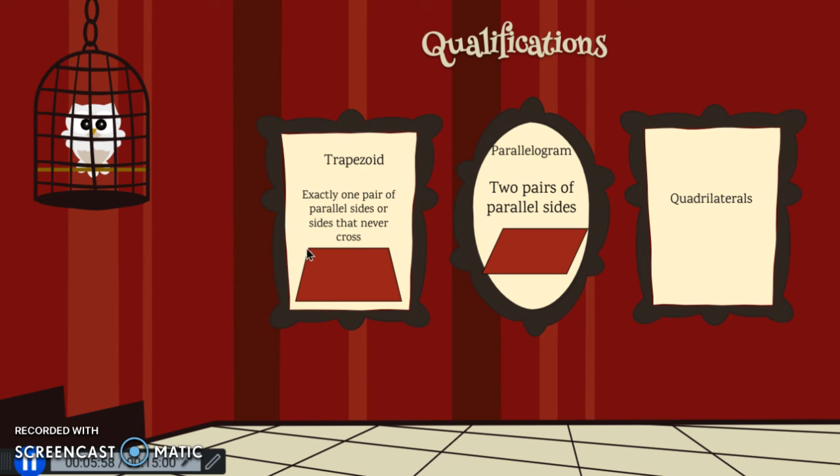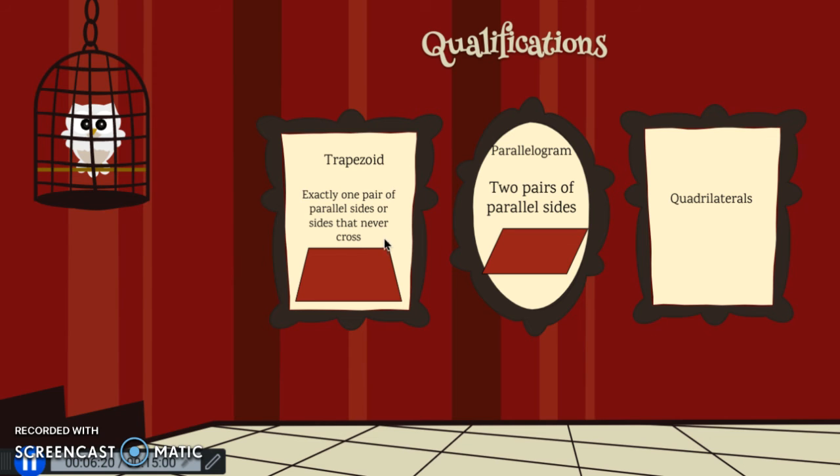Now, if I were to follow these lines, they will keep going straight and never cross. So in this particular trapezoid, the parallel sides would be represented here. So it has exactly one pair of parallel sides, and that's going to be these sides here, because they will never cross one another.